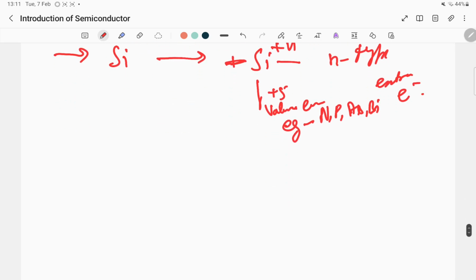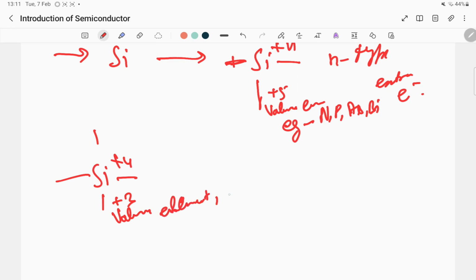When silicon with the same 4 valency is doped with a +3 valence element like aluminum, gallium, indium, it will have one electron deficit.